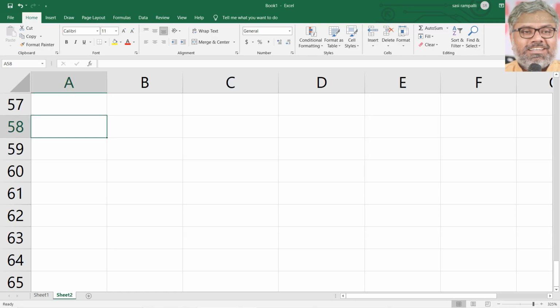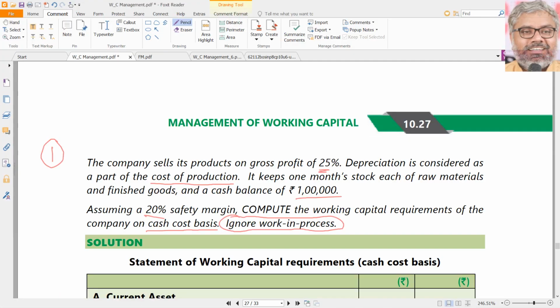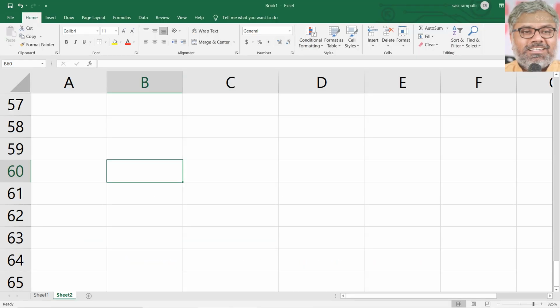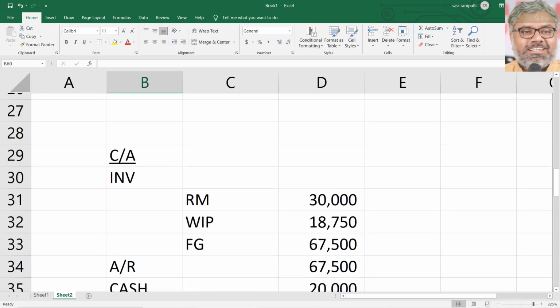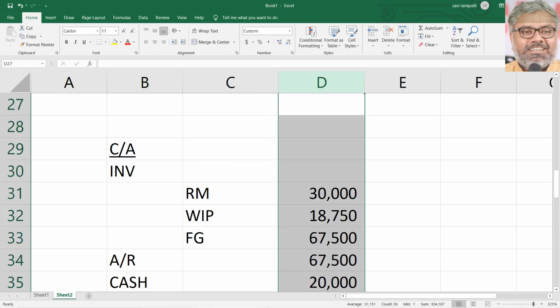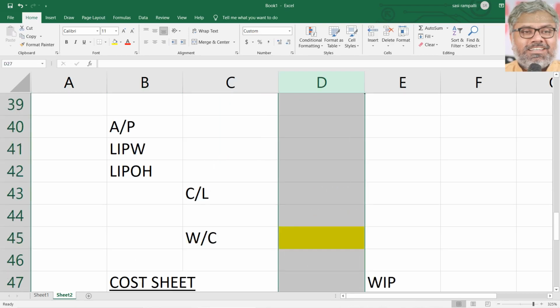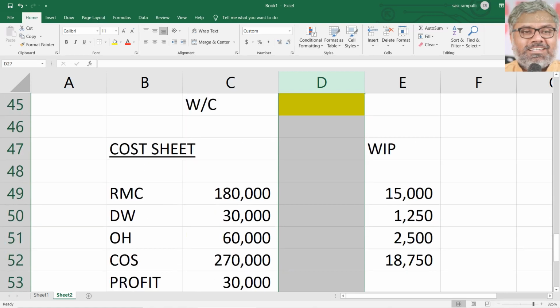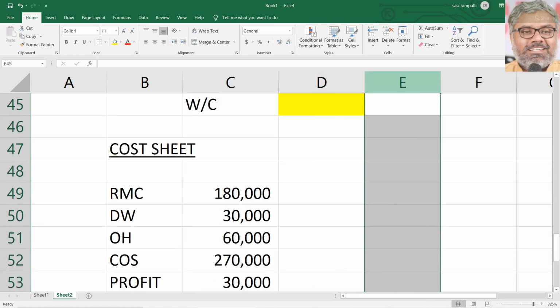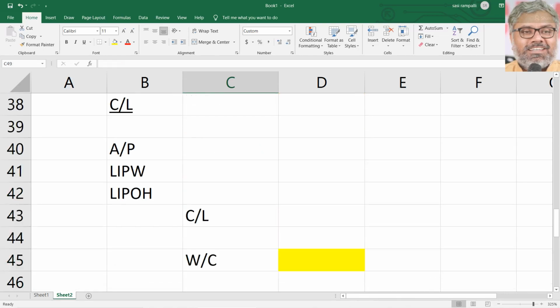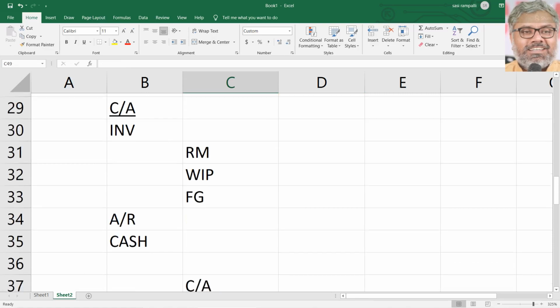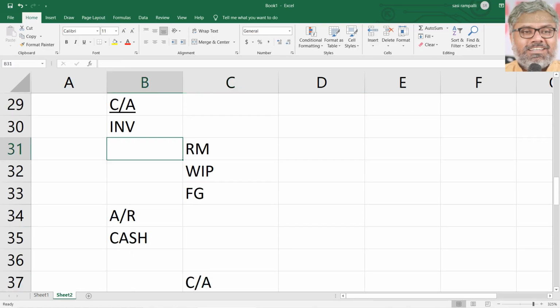And as usual, as I said, it is better to have a cost sheet after having the basic format. Format is the same. Only the amounts will change, and of course, not necessarily the cost sheet format is same always.